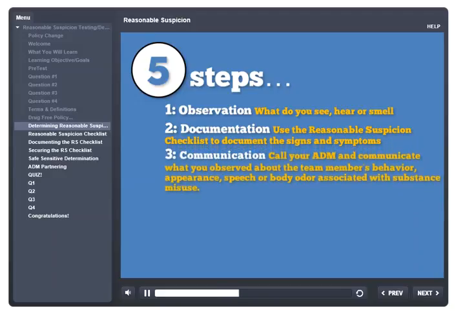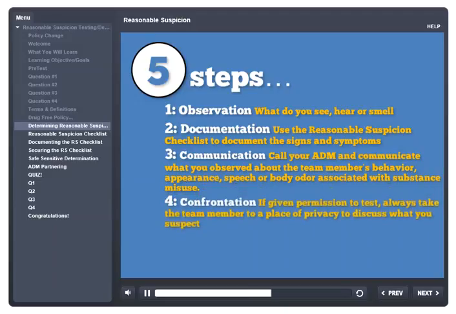Step 3. Communication. Call your ADM and communicate what you observed about the team member's behavior, appearance, speech, or body odor associated with substance misuse. Step 4. Confrontation. If given permission to test by your ADM, always take the team member to a place of privacy to discuss what you suspect.